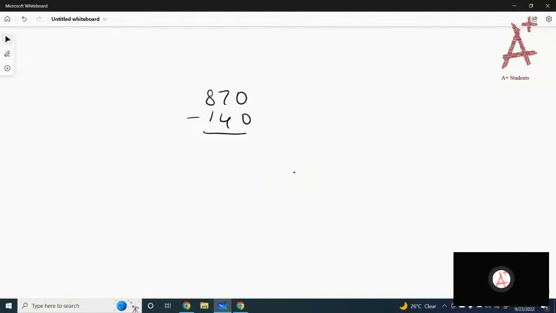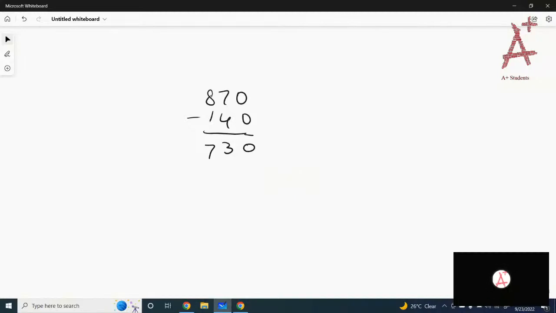So 0 minus 0 is 0. Then you have to subtract the tens digit. So 7 minus 4 is 3. And then you have to subtract the hundreds digit. So 8 subtract 1 is 7. Got it?